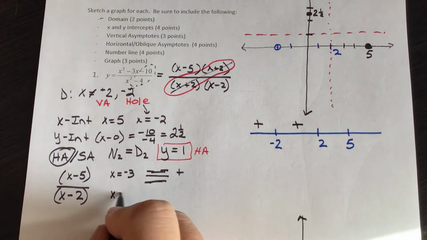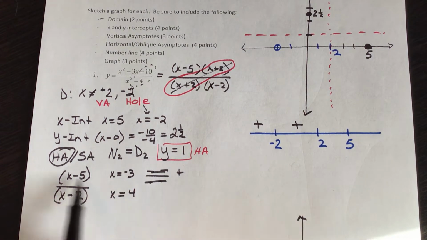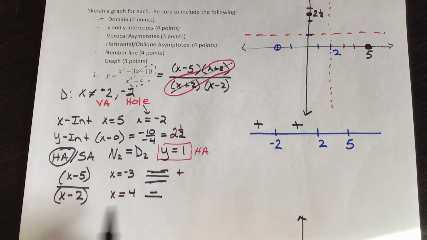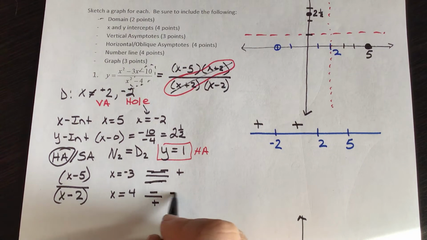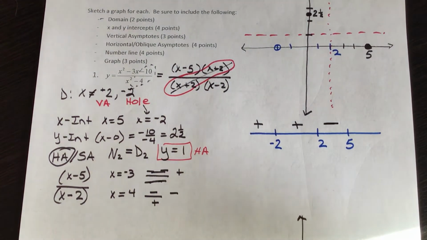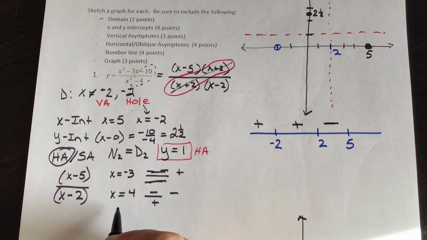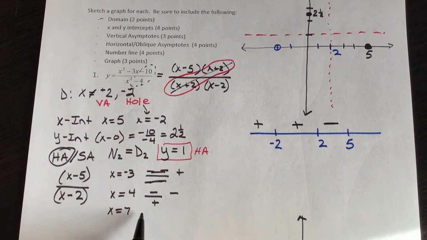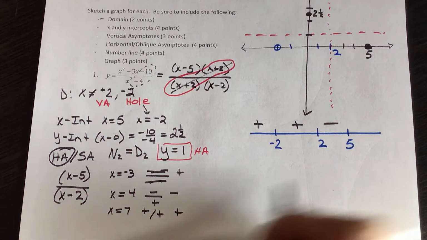So let's choose 4. If I plug in 4, 4 minus 5 is negative, and 4 minus 2 is positive. So this section is negative. And beyond 5, like 7, I have 7 minus 5 is positive over 7 minus 2 is positive. So this is positive.